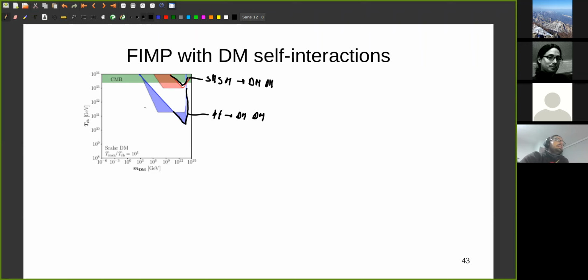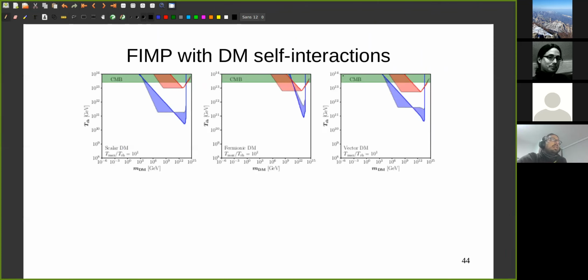As you can see, typically lower reheating temperatures and a bigger parameter space could be explored once you take into account dark matter self-interaction, meaning that you can reach both kinetic and chemical equilibrium within the dark sector. That corresponds to the case of scalar dark matter. But again, I can show you the same plot for fermions and vectors.